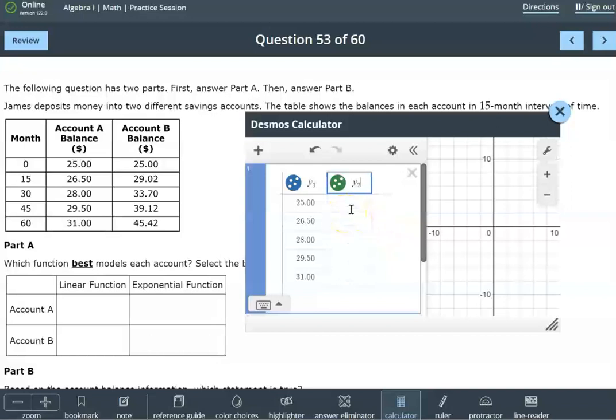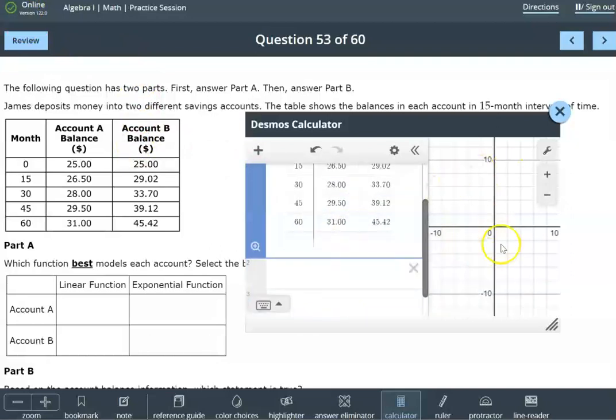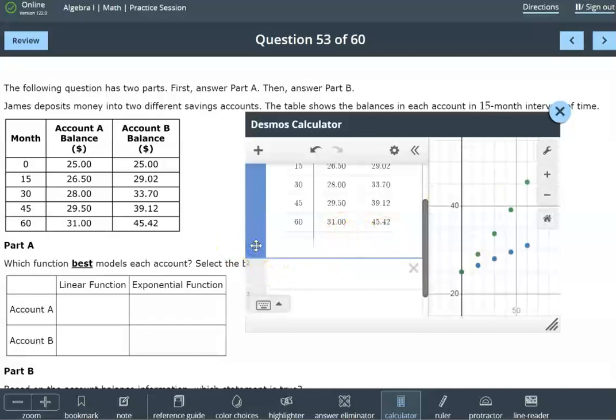Just type a Y and a 2, and it will automatically subscript the 2. Then you'll type in the balances for account B. Once your data is in your table for both account A and account B, we're going to go ahead and graph this. You can't see any of the points on this graph, so let's press the zoom fit, and now you can see them.